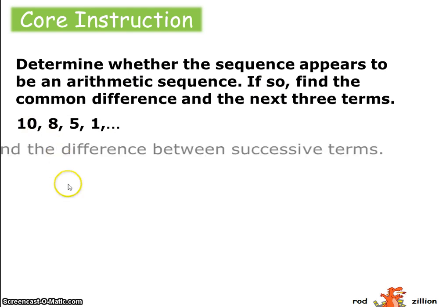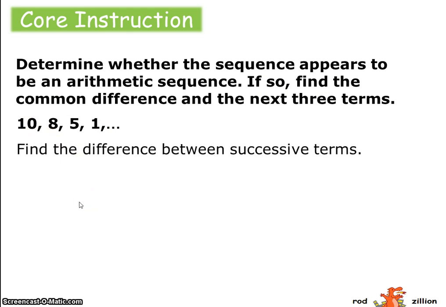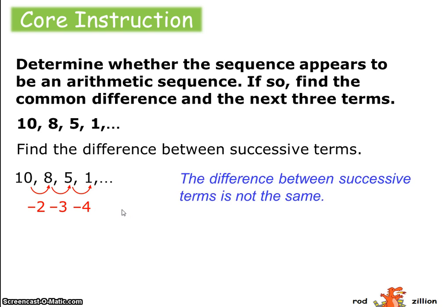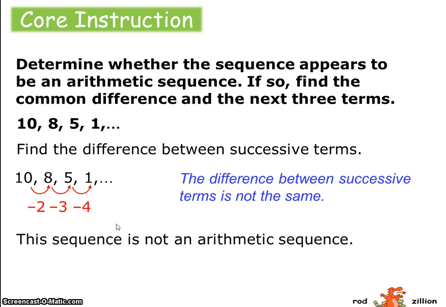So how do we go from 10 to 8, and then 8 to 5, and 5 to 1? Minus 2, minus 3, minus 4. That does not appear to be an arithmetic sequence because the common difference is not the same. So this is simply not an arithmetic sequence.